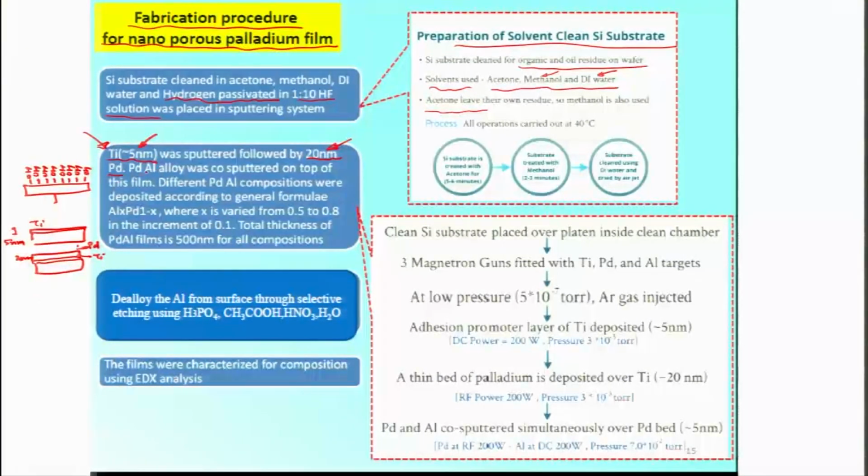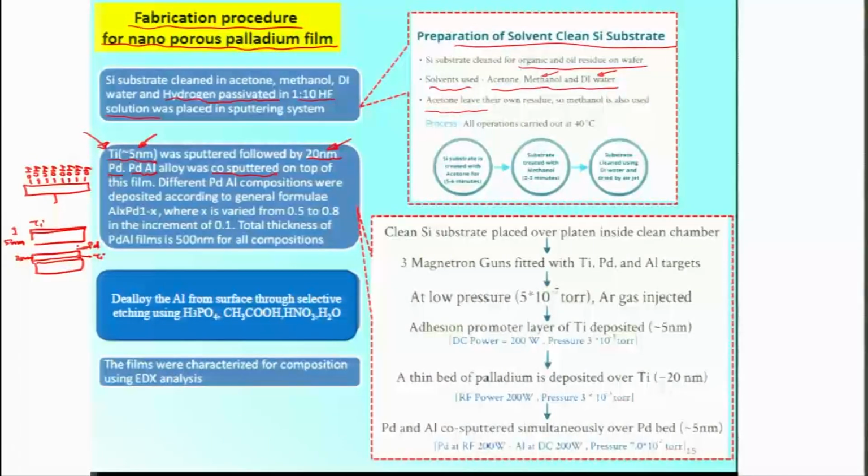Finally, we deposit an alloy, a palladium aluminum alloy which is co-sputtered from 2 targets, one using the magnetron gun and the other with a DC bias.